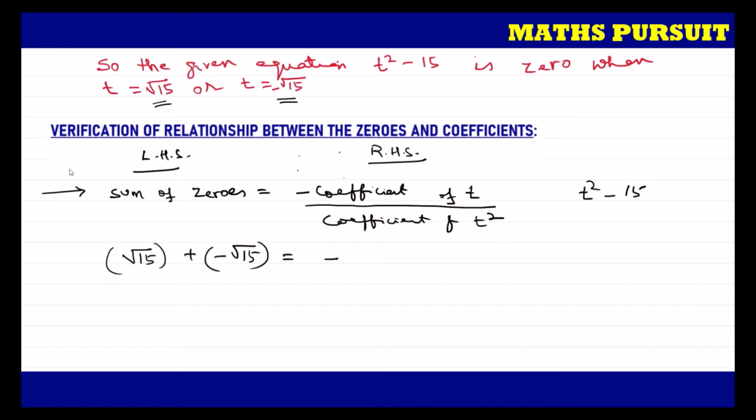So I can write minus 0 upon coefficient of t to the power 2. Here coefficient of t to the power 2 is 1. Or root 15 minus root 15 is equal to minus 0 upon 1. 0 upon something is 0.